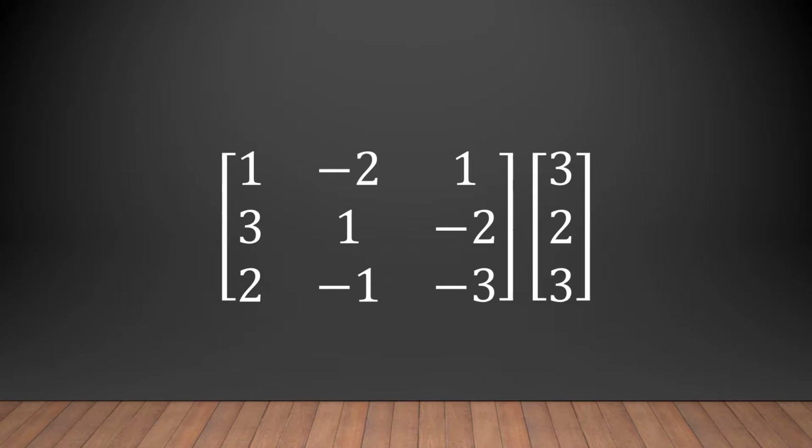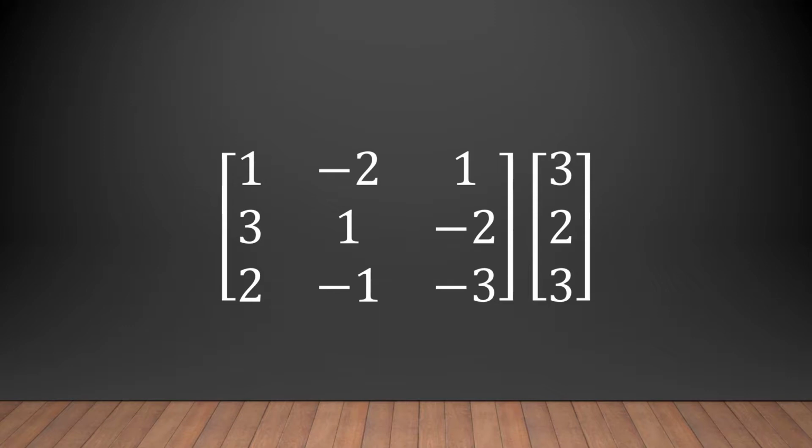Okay, so what do we do next? We want to turn the 3 in row 2 into a 0. How do we do that?